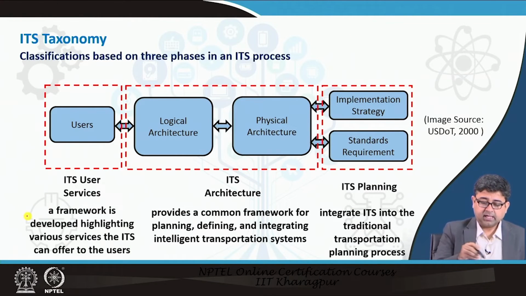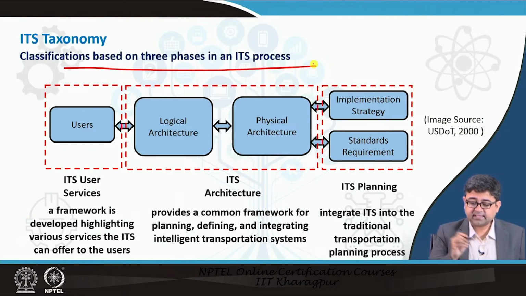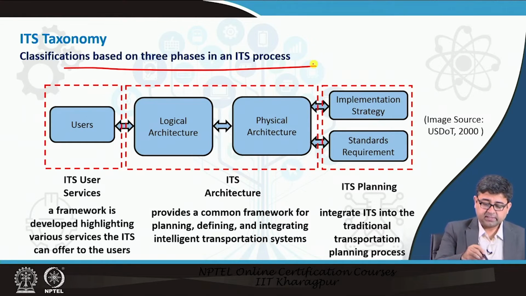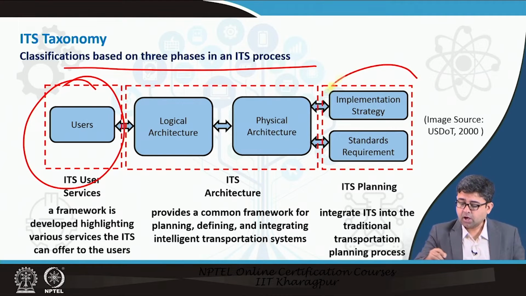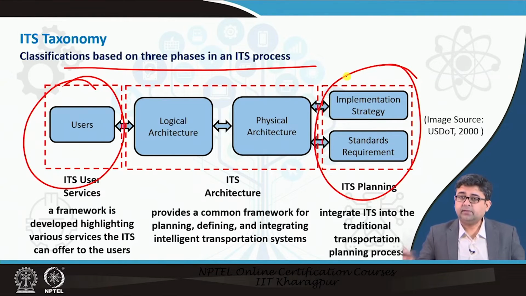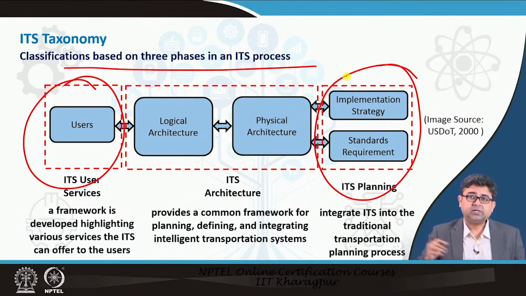When we look at the classification based on three phases, what we see is there are users on one side, and then there are all the strategies and the planning segment on the other side. Users want to have an efficient transportation system.